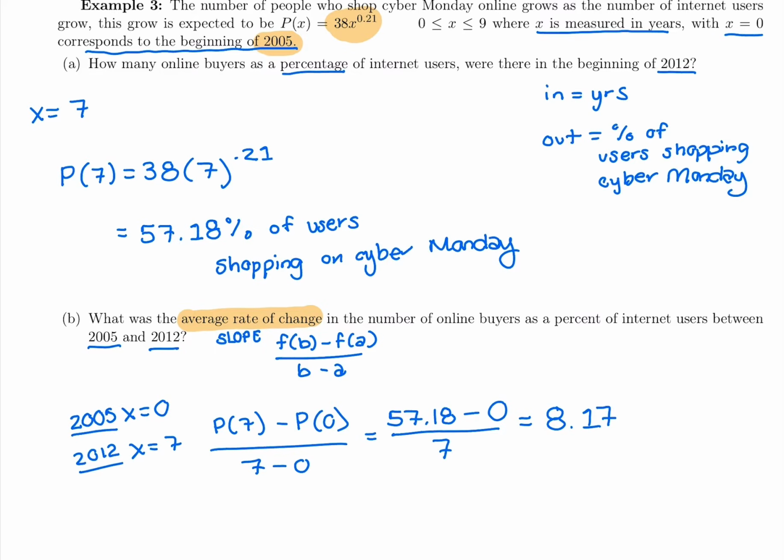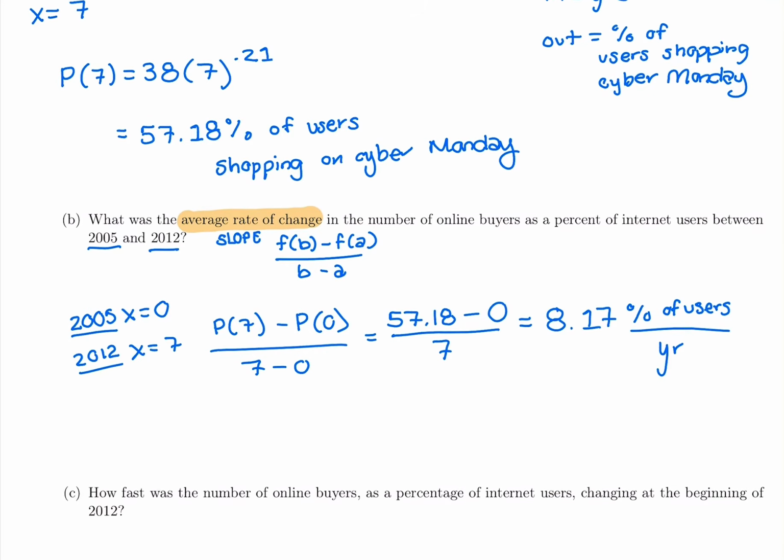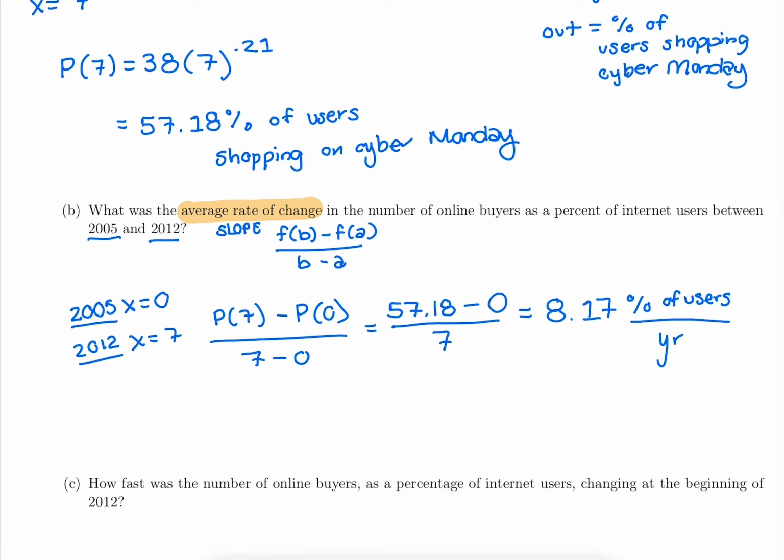And now we just calculated a rate of change. So I want to put both units on this. 2 units, it's going to be percent of users per year. So what does that answer mean? We got a positive slope.